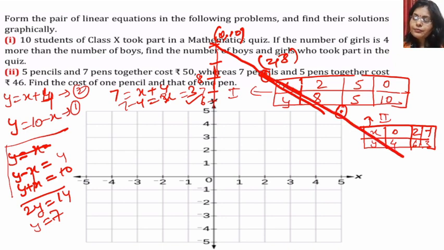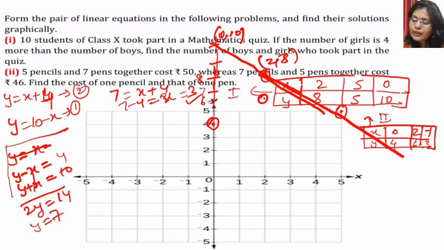Now let us see the next equation. We have got other points also. 0, 4 is this point. Then 2, 6.